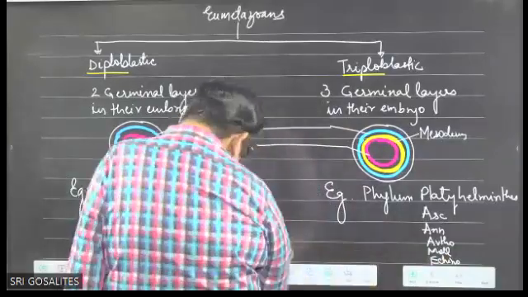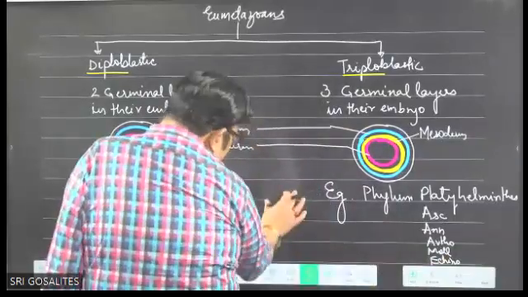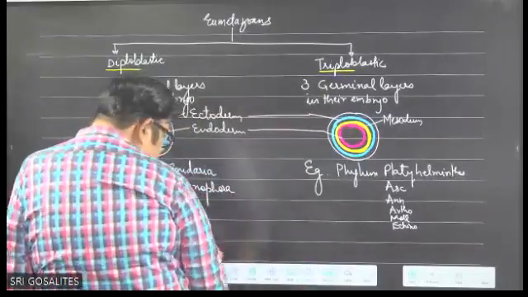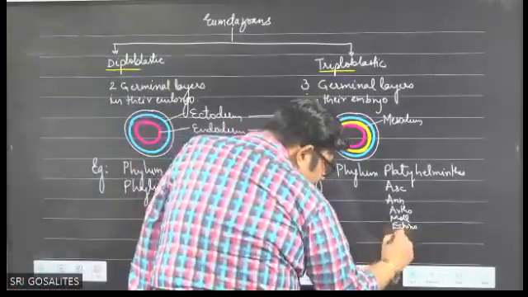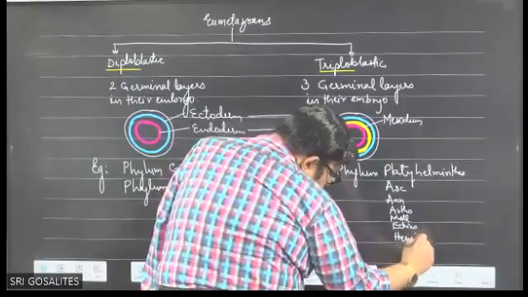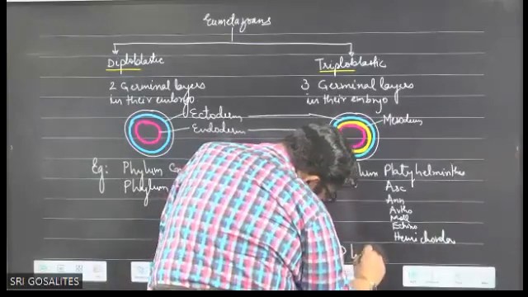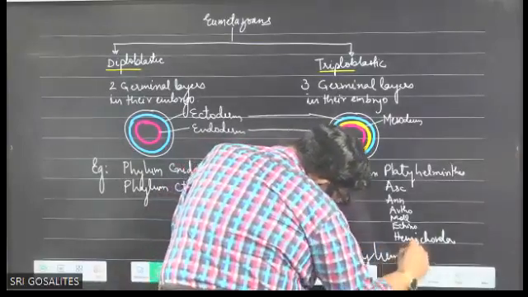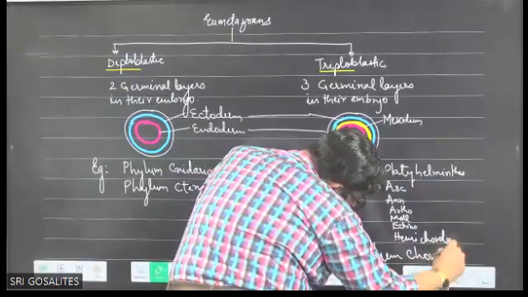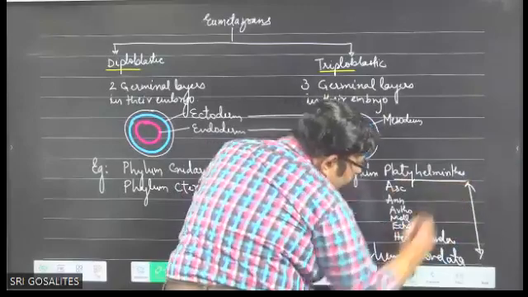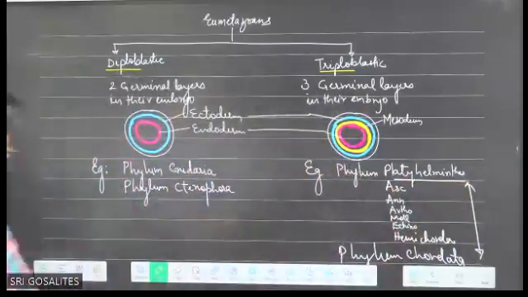After that, Hemichordata, and up to the phylum Chordata. All of them in between, all. From Platyhelminthes onwards, flatworms onwards are triploblastic.